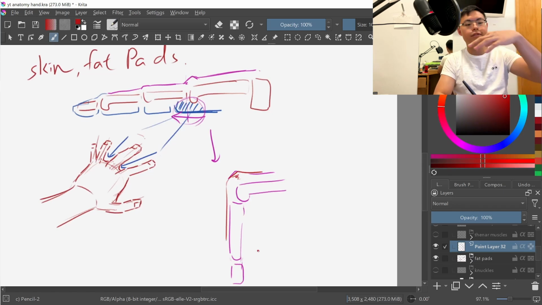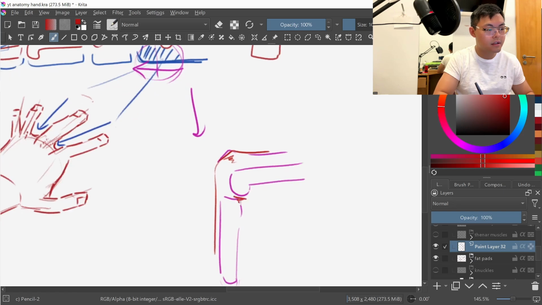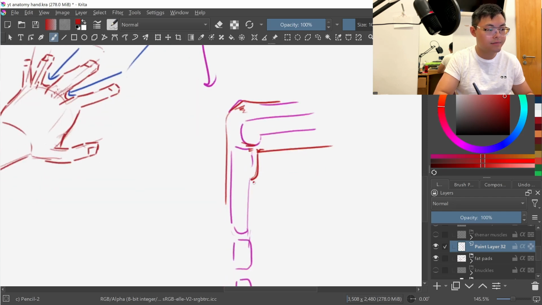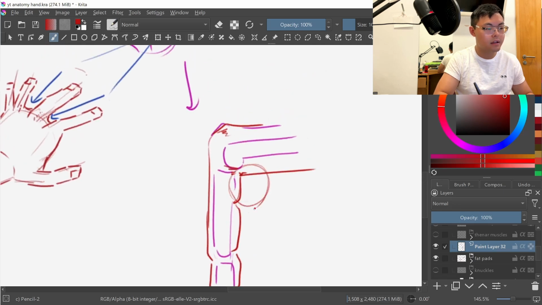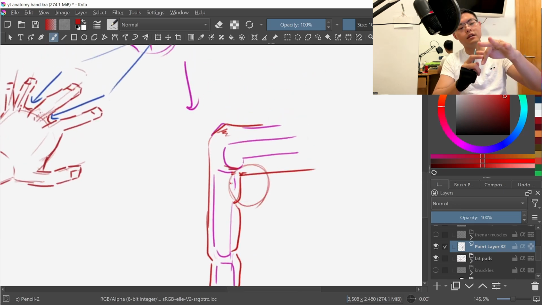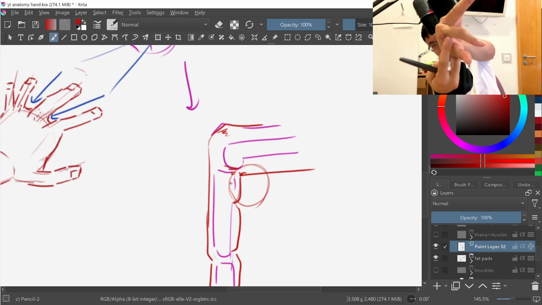If you fold your fingers, you fold over here, but then your skin looks like it's going this way. Hope you understand. There is an extended part of the folds over here.